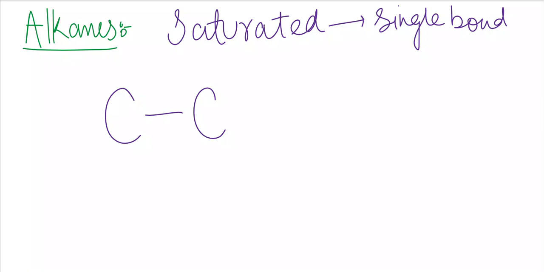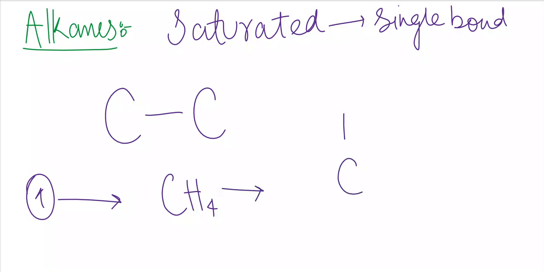For example, the simplest alkane contains one carbon atom and is known as methane. The simplest alkane is methane, which has the formula CH4. Four hydrogen atoms are there, and just one carbon atom is present. So this is the methane molecule, and covalent bonding is present in it.